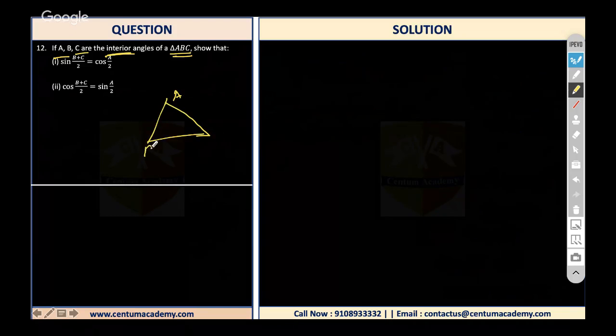So A, B, and C. So you can say angle A plus angle B plus angle C is equal to 180 degrees. Or you can drop this angle sign. You can say A plus B plus C is 180 degrees. Okay, so hence B plus C is equal to 180 degrees minus A, isn't it?